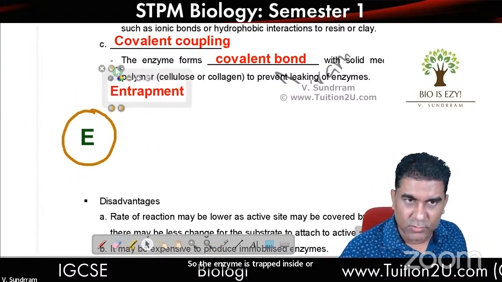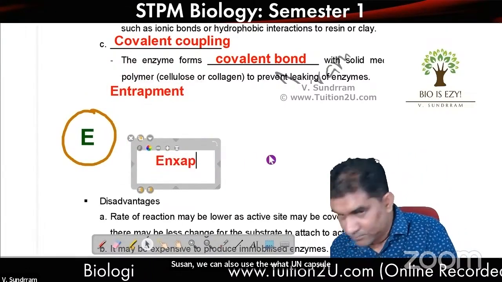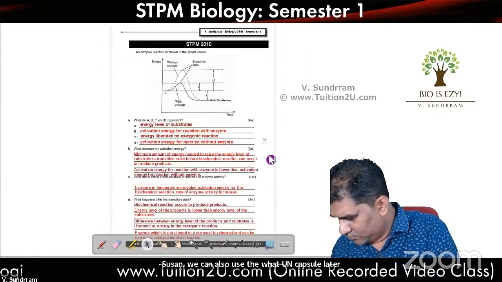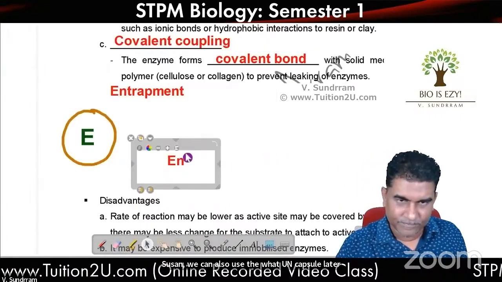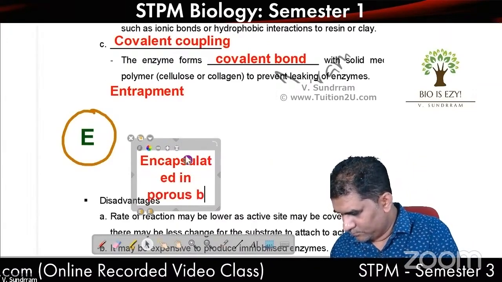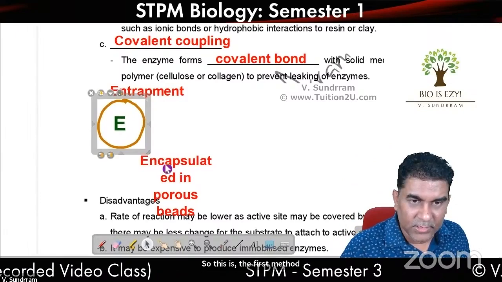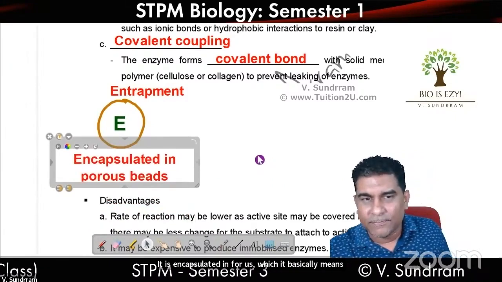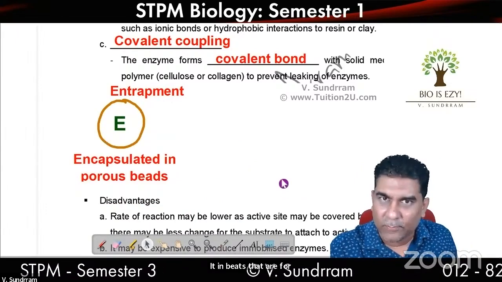So this one, we can also use the word encapsulated. This is the first method under entrapment. It is encapsulated in porous beads. It basically means you trap it in beads that are porous, meaning substrate can go in, products can go out.